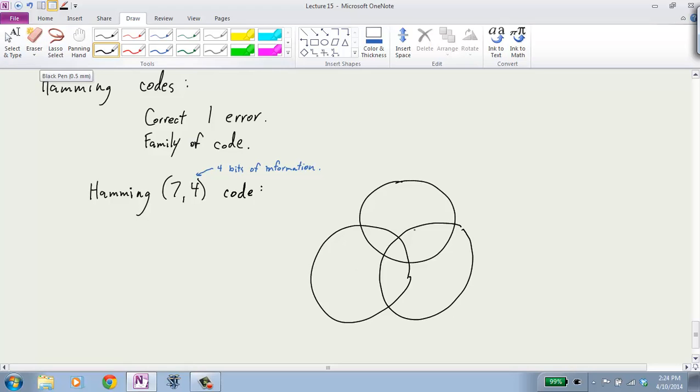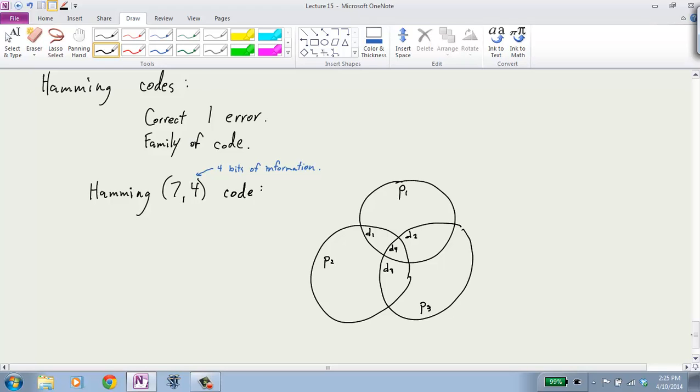Let's call these D1, D2, D3, and D4, and P1, P2, and P3.